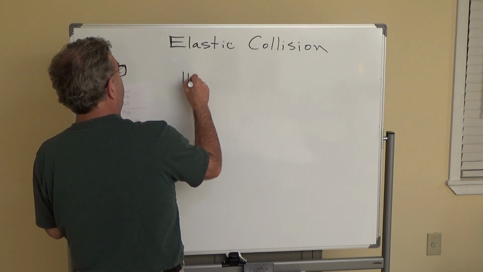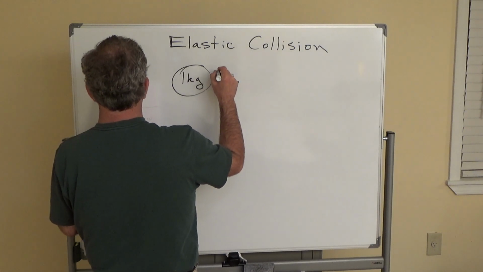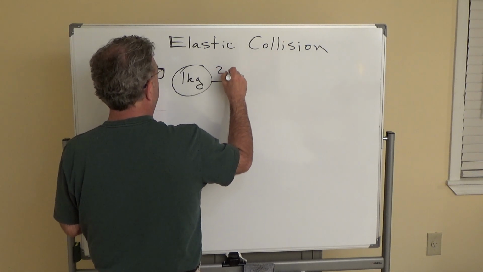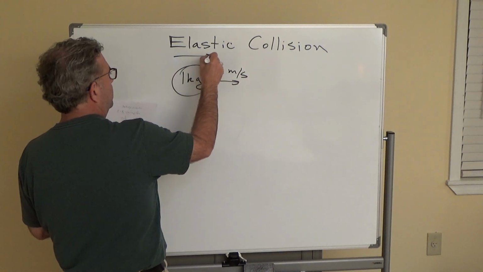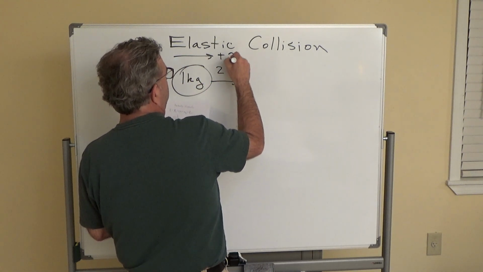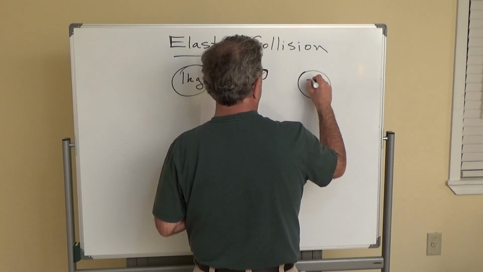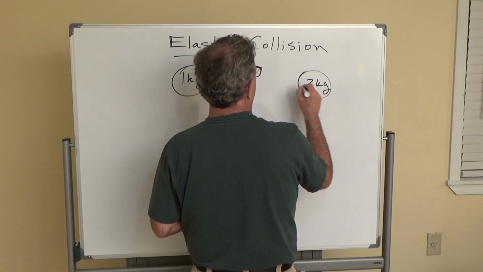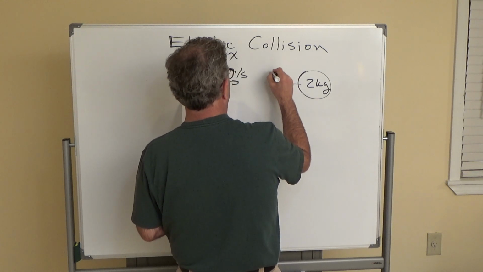So let's say we have a 1 kilogram object traveling at 2 meters per second to the right, this is the positive direction. I'll make it X, it doesn't matter. And a 2 kilogram object colliding with it at 3 meters per second.